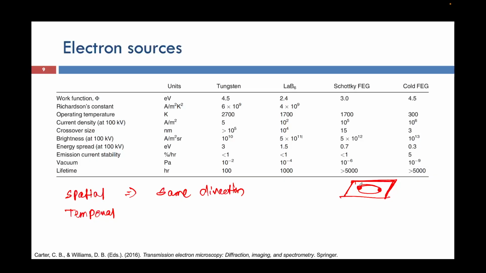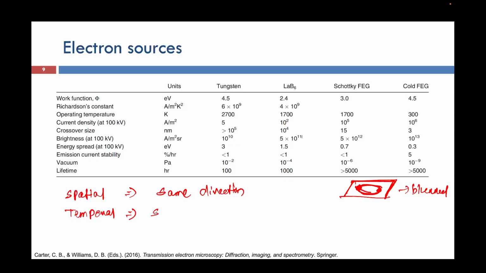If there is no spatial coherence between the electrons produced from the electron gun, then I will not be able to view the sample properly. What will be the problem in that case? My image will be blurred, because all the electron beams will not be focused at a single point. They will be focused at different points, both before and after interaction with the specimen, so they will give me a blurred image.